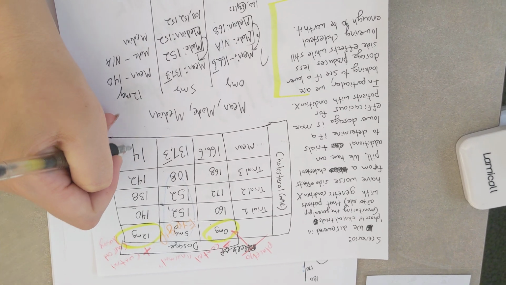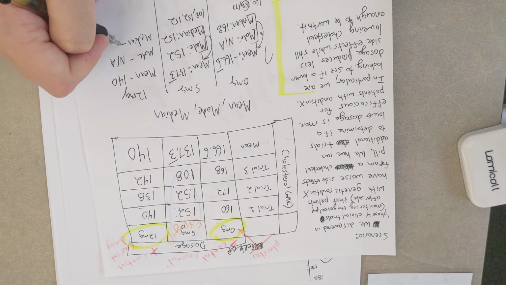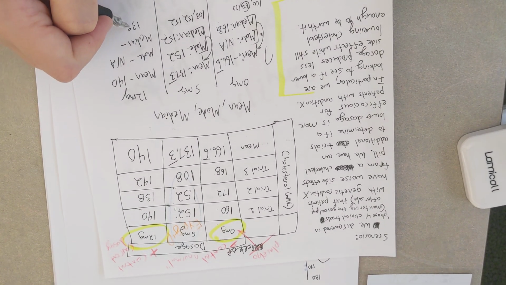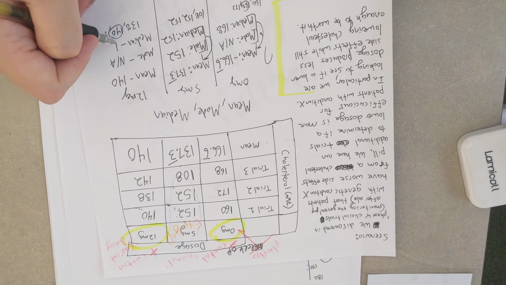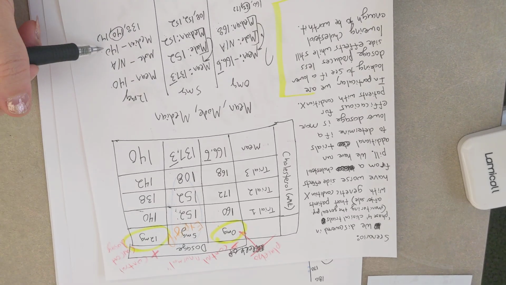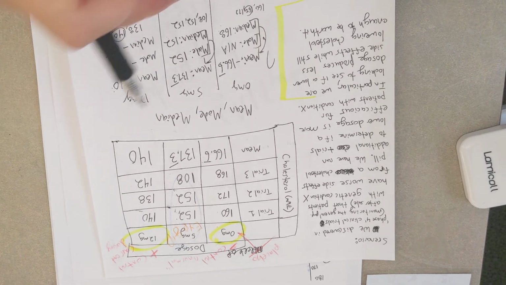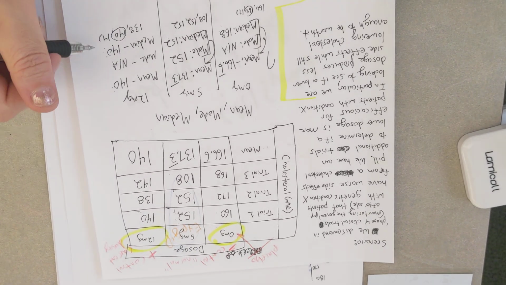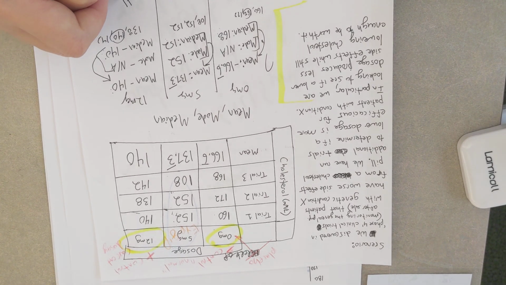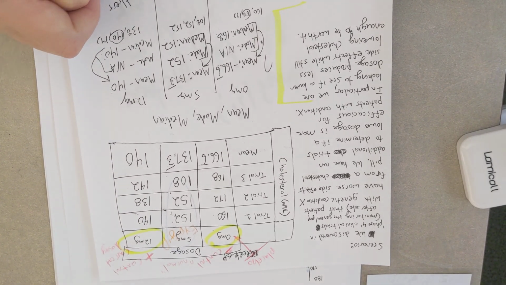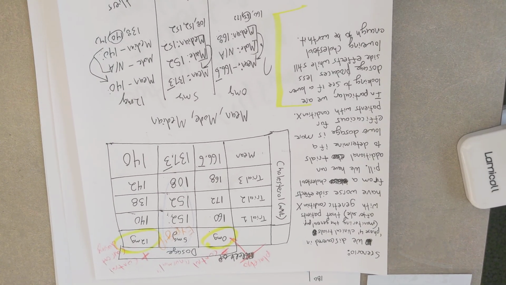I will also put my mean in the graph, because I've now calculated it. And my median, when I sequence my numbers, 138, 140, 142. My middle number is 140. Well, look at that. My median and my mean are exactly the same. So it looks like outliers in this group are also unlikely.